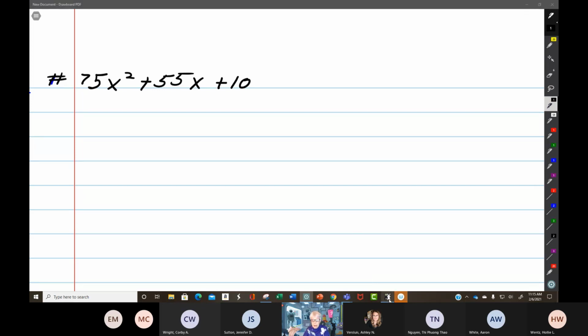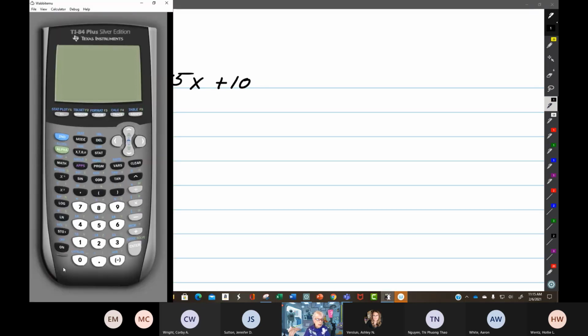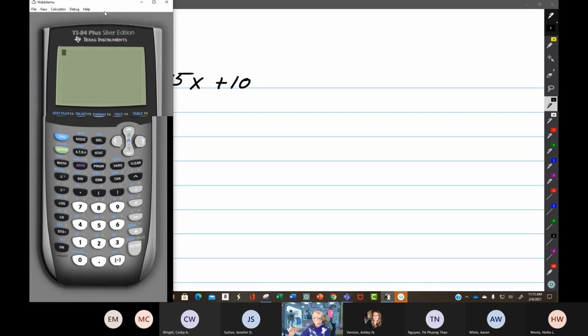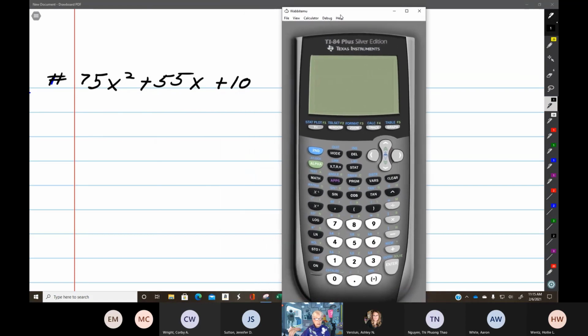So we can pull up our calculator. 75 divided by 5 is 15.